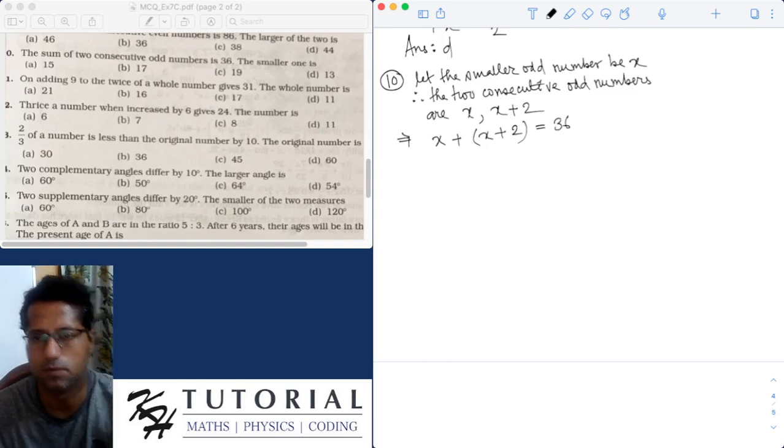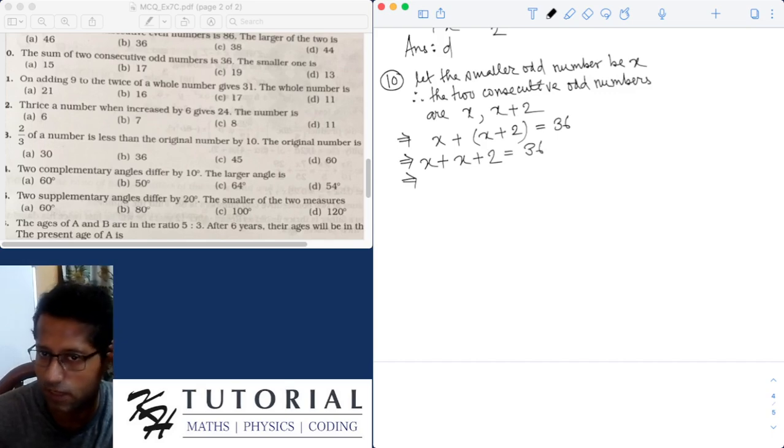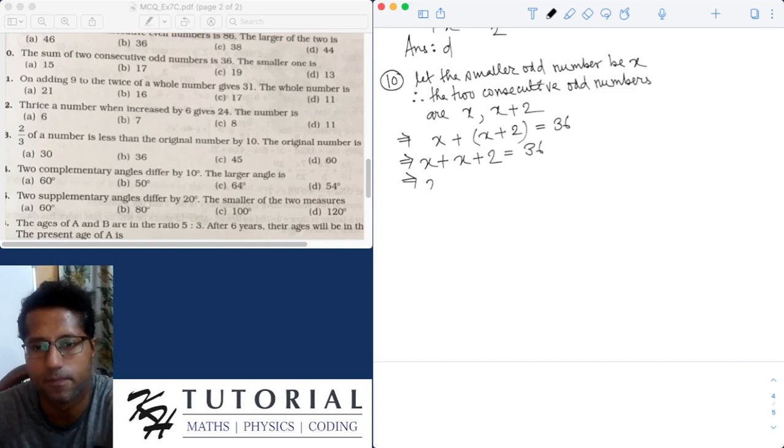So we have got the linear equation. Now we have to open the brackets. We have x plus x plus 2 equals 36. Now we will keep the variable terms on the left hand side and bring all the constant terms to the right hand side, and we get x plus x equals 36 minus 2.